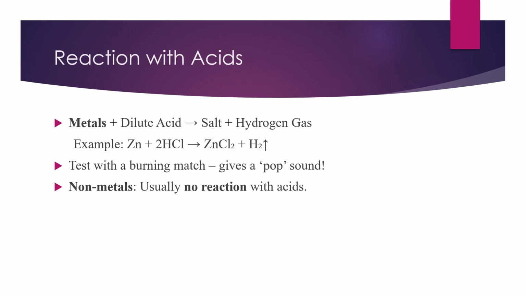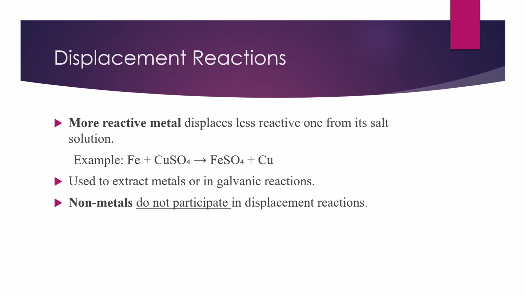Non-metals usually have no reaction with acid, which means non-metals do not react with acid. Next is displacement reaction. So what is a displacement reaction? Displacement reaction means a more reactive metal displaces a less reactive one from its salt solution.